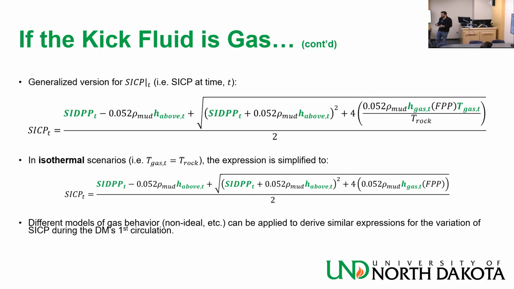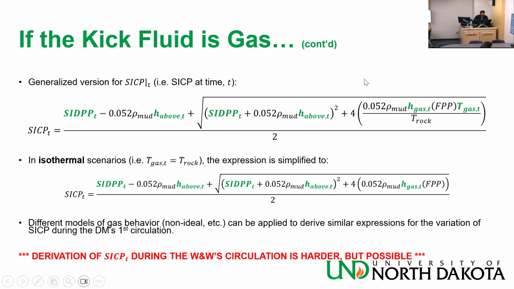That's why I was telling you guys, don't look at that tab. Derivation of SICP during the Wait and Weight circulation is harder but possible. These are the equations that the drilling simulator is using, by the way.